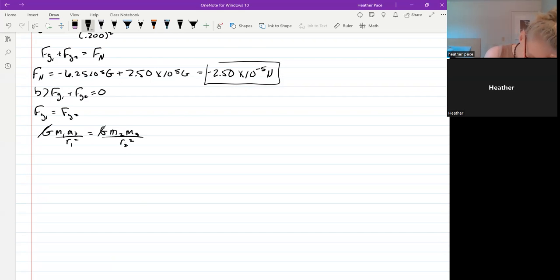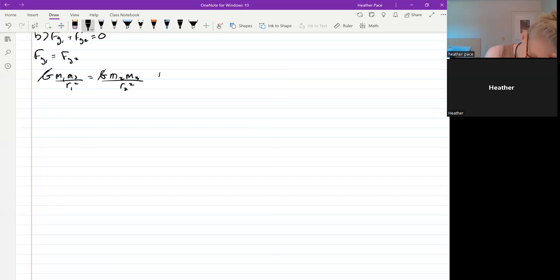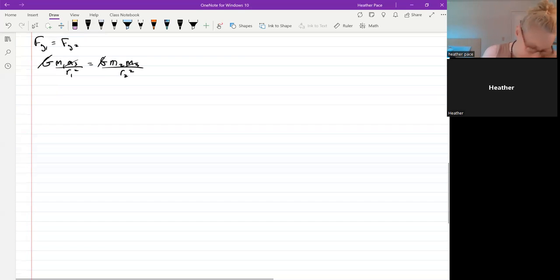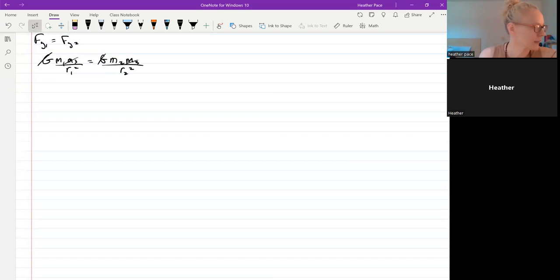These cancel. These cancel. So you can see when we're balancing gravitational forces, the mass of the object doesn't matter. It's kind of an important principle that I don't know that you get into in this class. However, something kind of funny to think about, that the size of that object doesn't matter. Anyway, okay. I'm getting into physics speak, who cares, right?